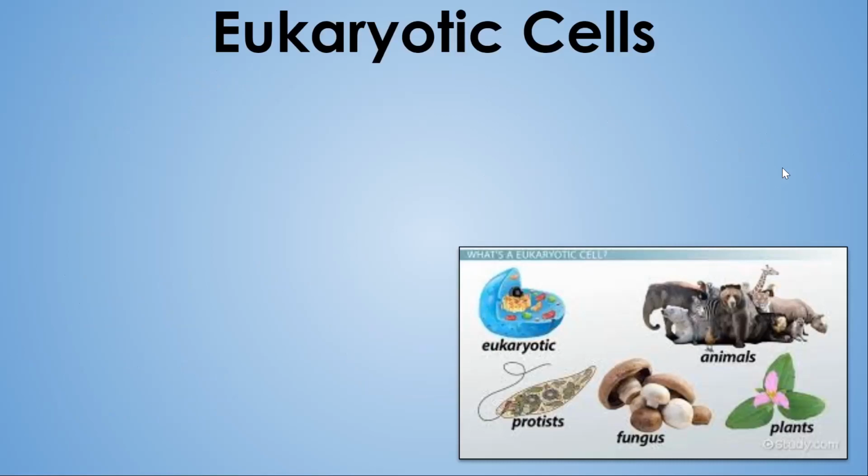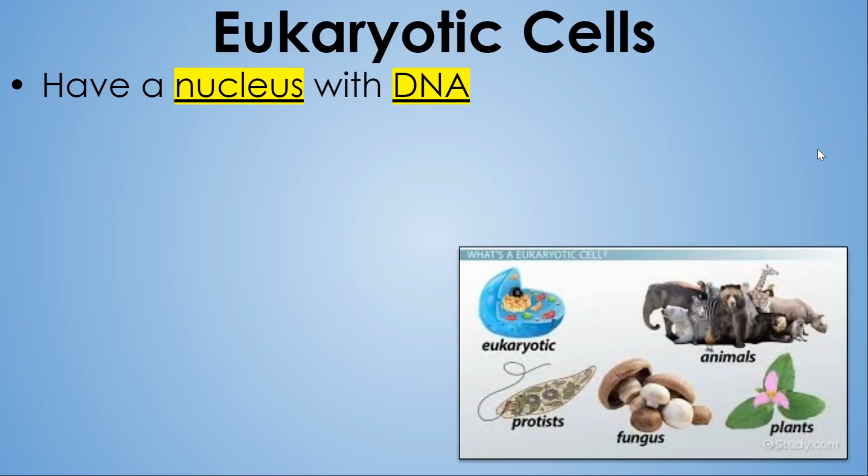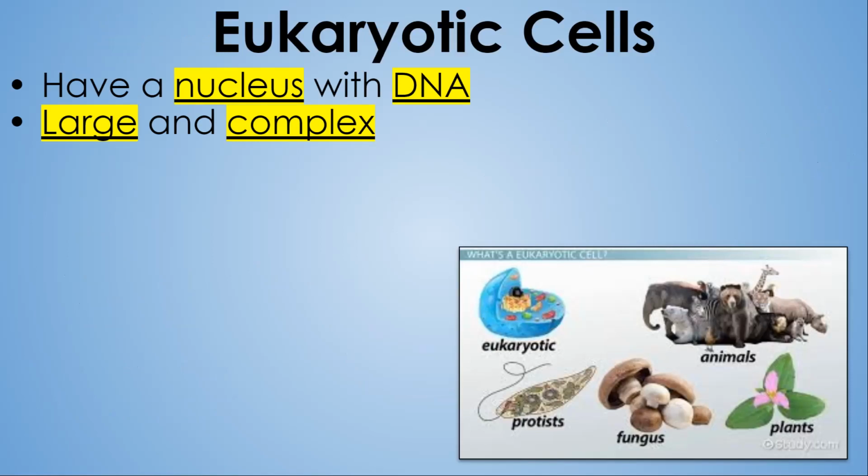And then we've got eukaryotic cells. Eukaryotic cells do have a nucleus, and the DNA is going to be found inside of the nucleus. They are large and complex. They're complex because they've got a lot of different organelles and they've got lots of compartments. So they're much more organized and structured.